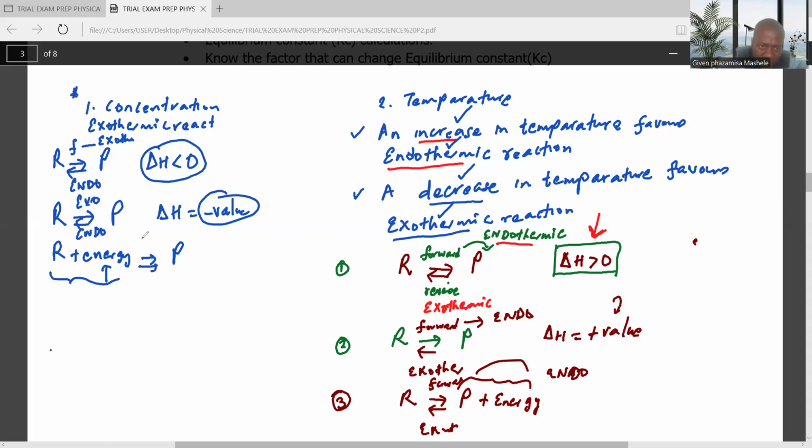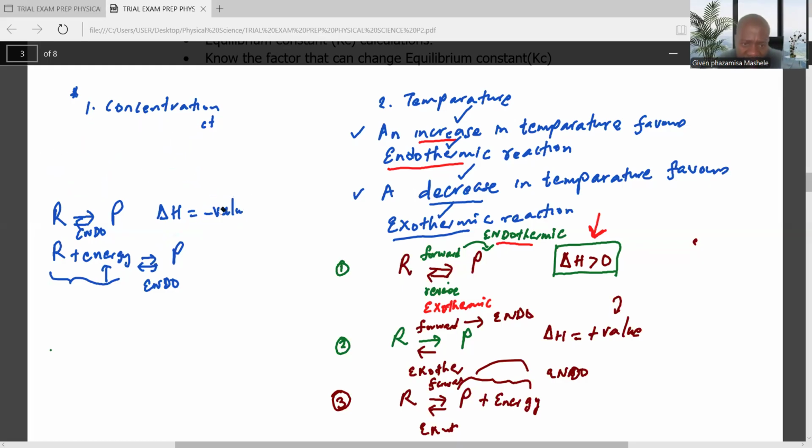This value, forward it's exo, reverse it's endo. I believe you are following, ladies and gentlemen. So you need to make sure that you check this very well when you're given a question paper.